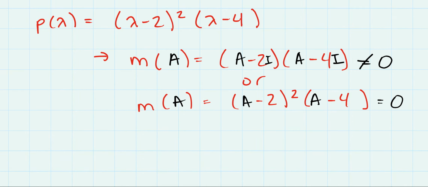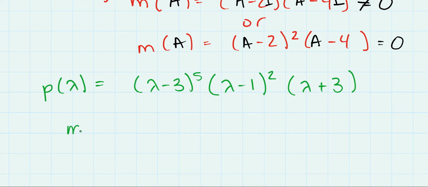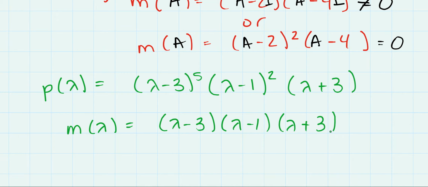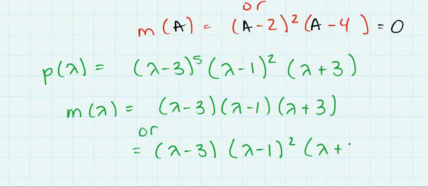Let me explain this a little bit better. If you have the characteristic polynomial, let's say this is your characteristic polynomial. What are all the options for your minimal polynomial? You could have lambda minus 3, lambda minus 1, lambda plus 3. That's one option. You could have lambda minus 3, lambda minus 1 squared, lambda plus 3.